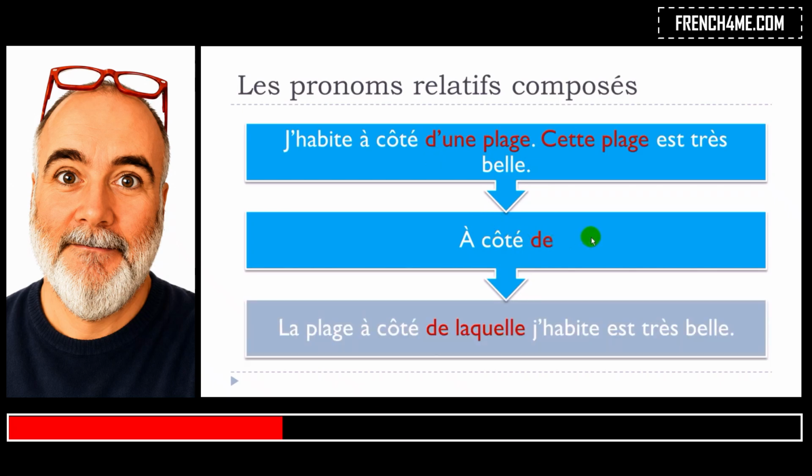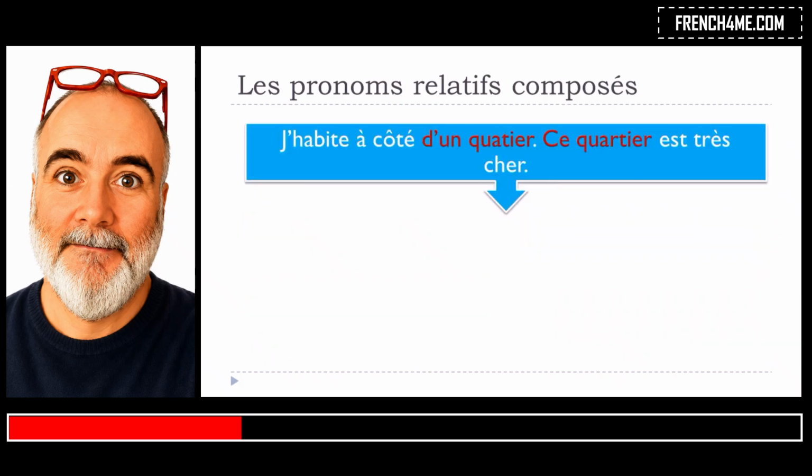So you will have to combine this de and laquelle, because here it's the feminine form. You put your first part, la plage, then à côté de laquelle. Same thing as we had previously, the verb j'habite should come back here, and the second part, est très belle, should come at the end. So you get this sentence: la plage à côté de laquelle j'habite est très belle.